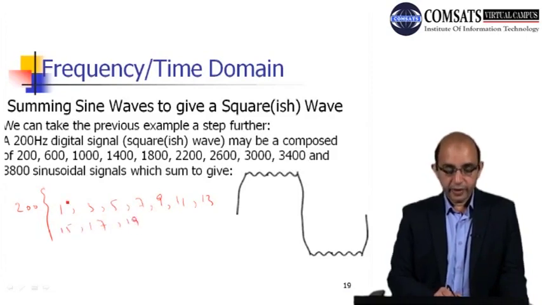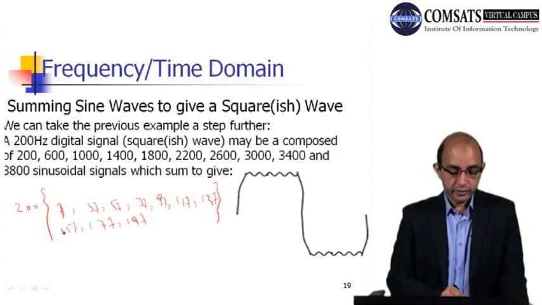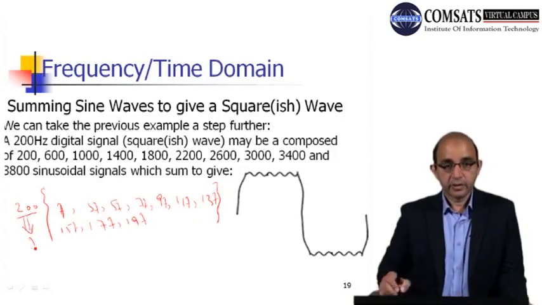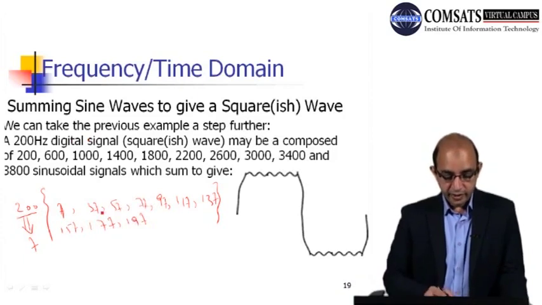If I multiply these with f, that is f, 3f, 5f, 7f, 9f, 13f, 17f, 19f, and this f is the common factor, that is the fundamental frequency.